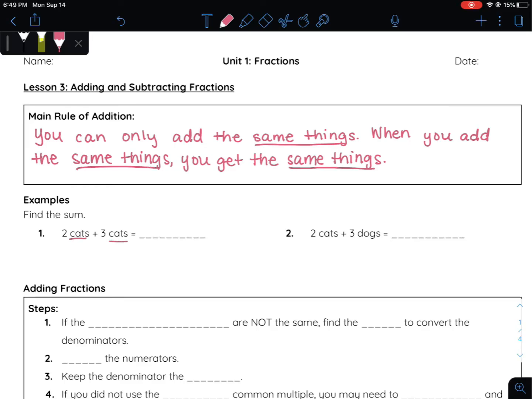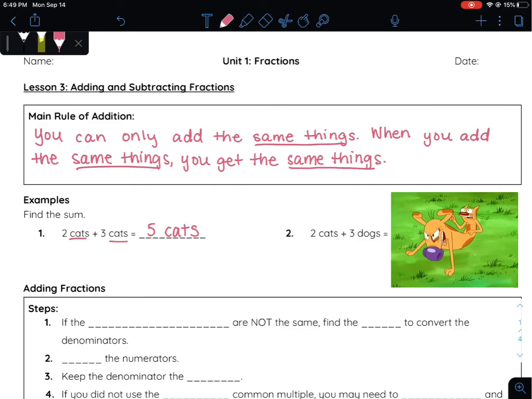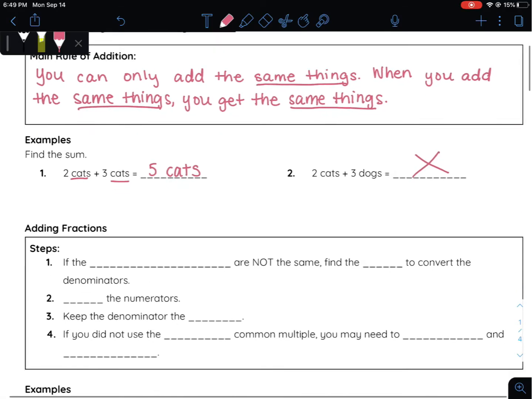They're both cats. 2 cats and 3 cats is just 5 cats. But if I say 2 cats plus 3 dogs, you can't answer that without making some things change around, like maybe calling them both types of animals or types of pets. But you can't say 5 cat dogs. That doesn't make sense because it's not what you meant.